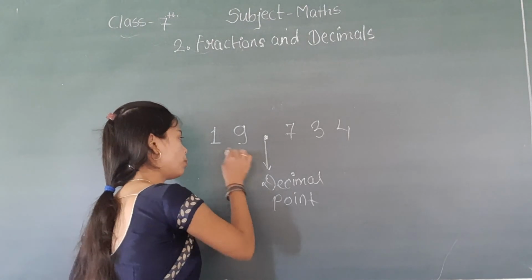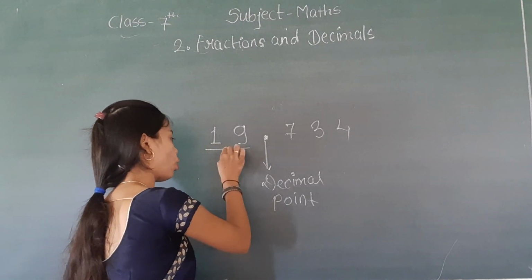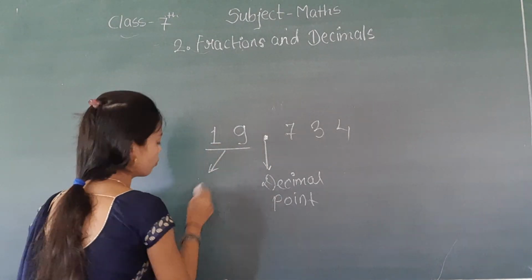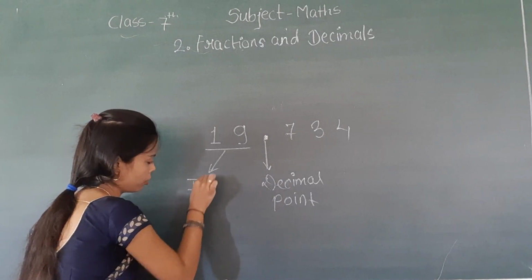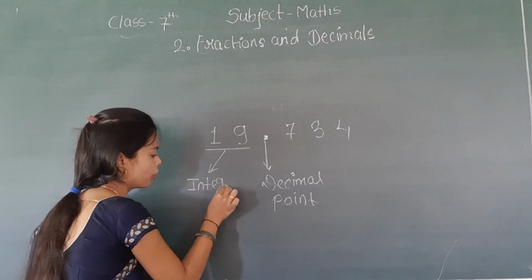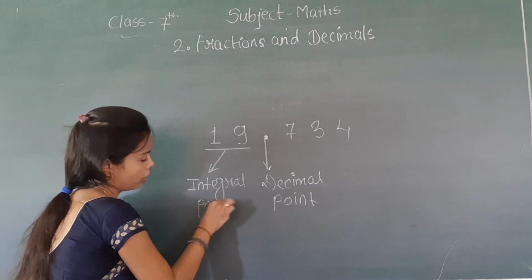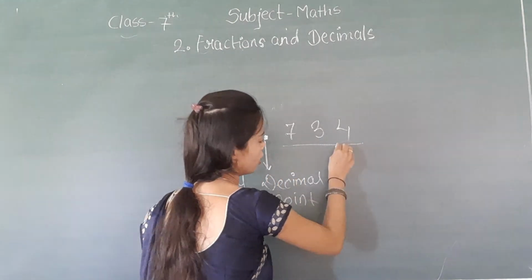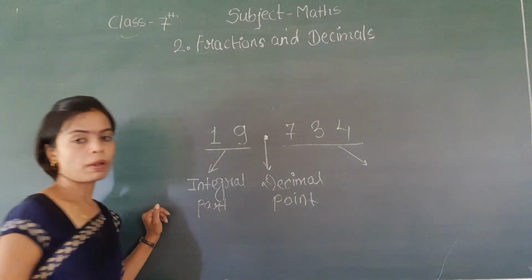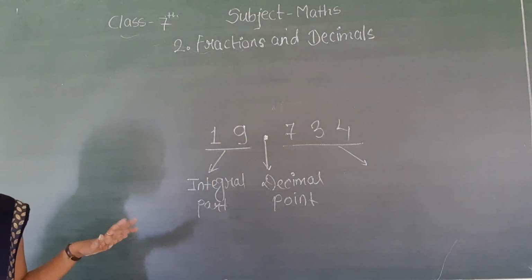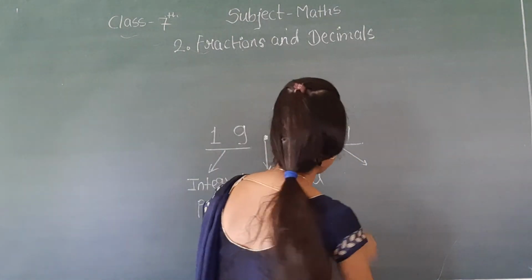And this part we call the integral part. Which part? Integral part. And the part on this side, जो पार्ट इस राइट साइड में है उसे क्या बोलते हैं? उसे बोलते हैं डेसिमल पार्ट.